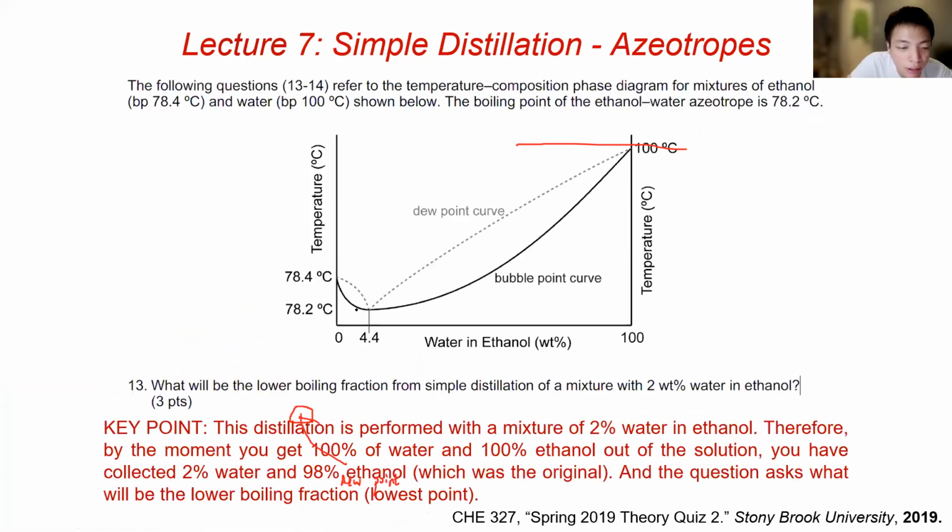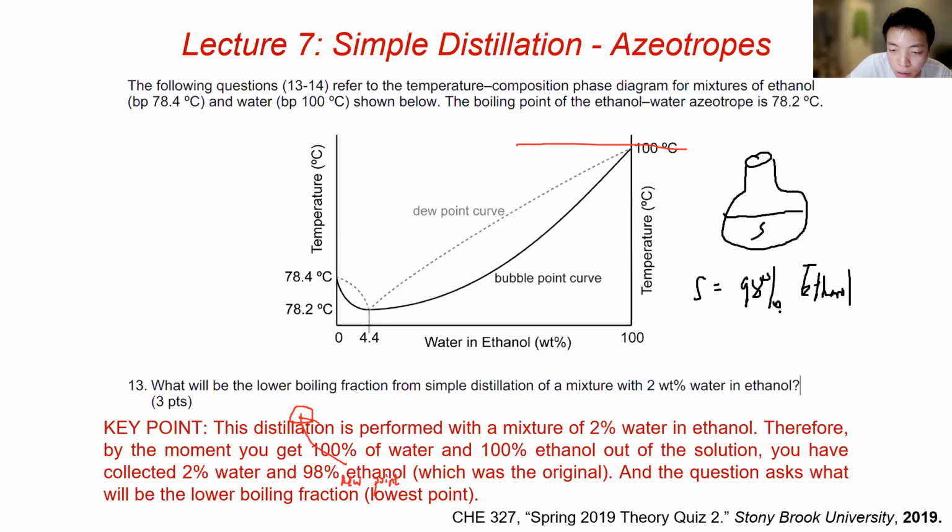And then here's the next question. What will be the lower boiling point from the simple distillation? The question is asking that you have a solution of 98% ethanol and 2% water.